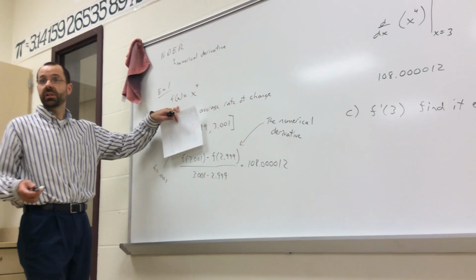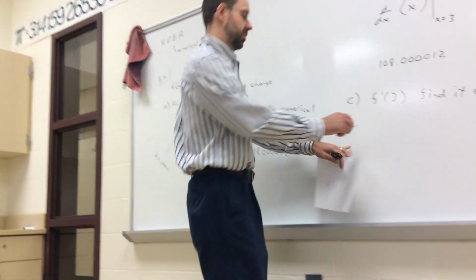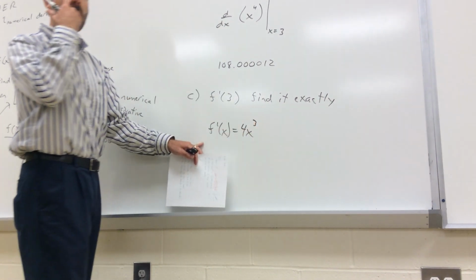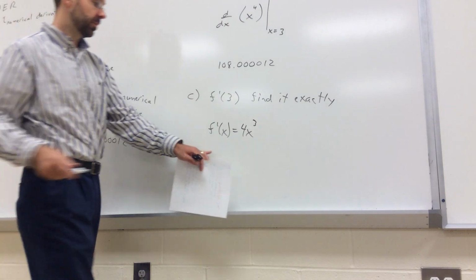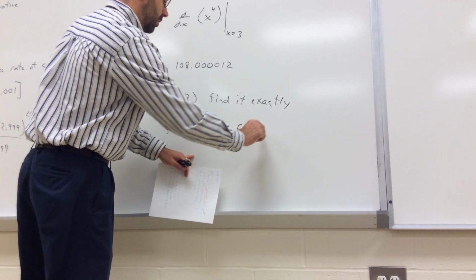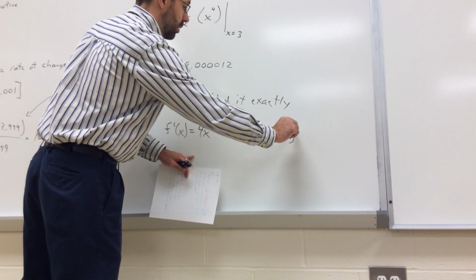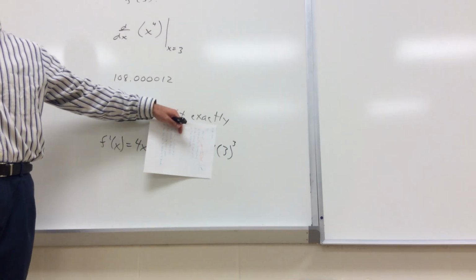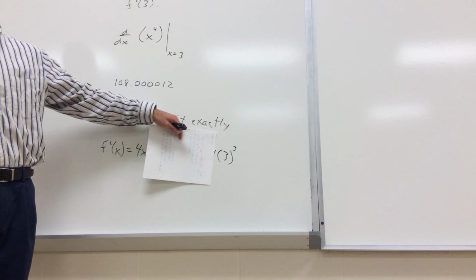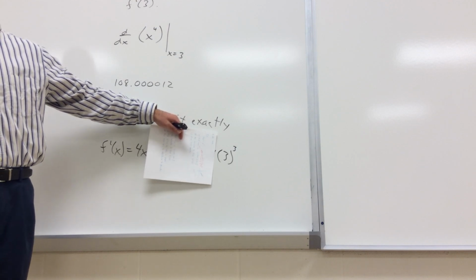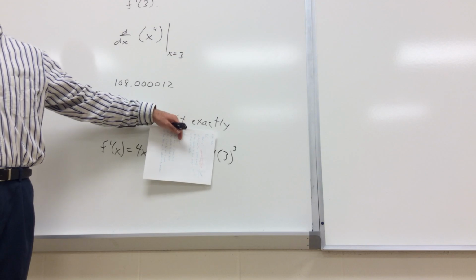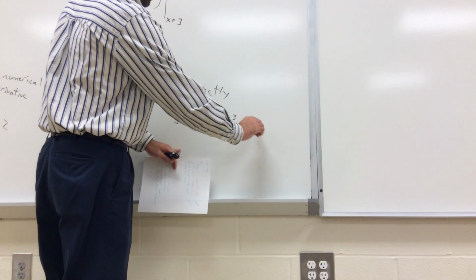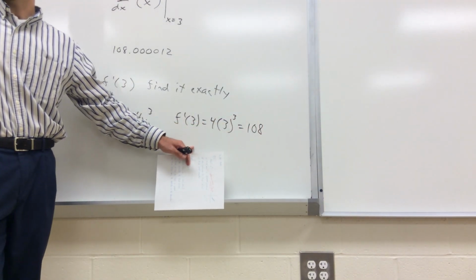So you take the derivative, that's 4x cubed. And then you plug 3 in. So then 3 cubed is 27. And then 4 times 27. 4 times 20 is 80. 4 times 7 is 28. And 80 plus 28 is 108. So the exact right answer to the derivative is 108.